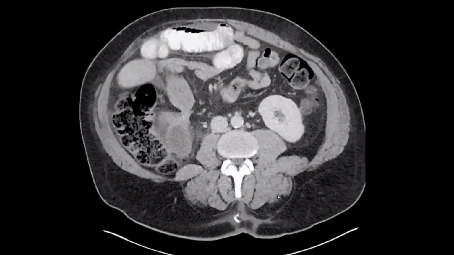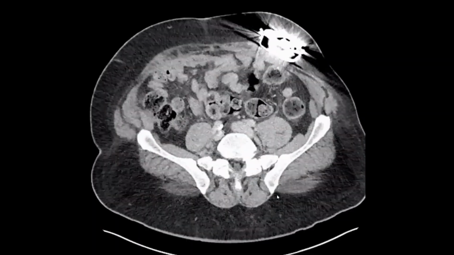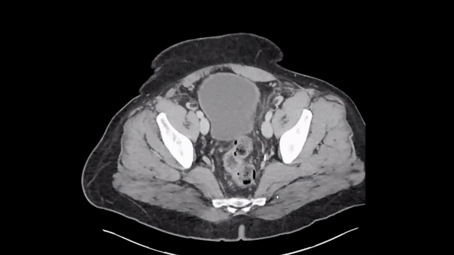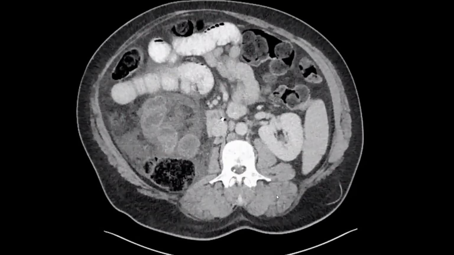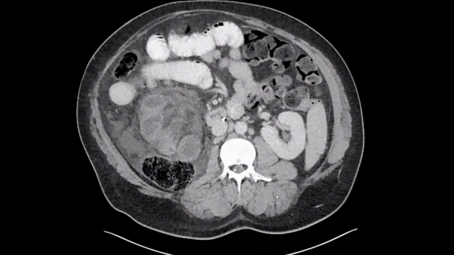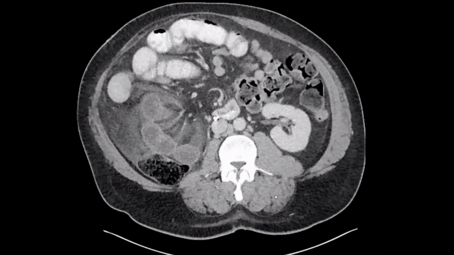However, there is massive fat stranding around this area that can be suggestive of inflammation. And the right kidney wasn't there. The patient had a nephrectomy 10 years ago.